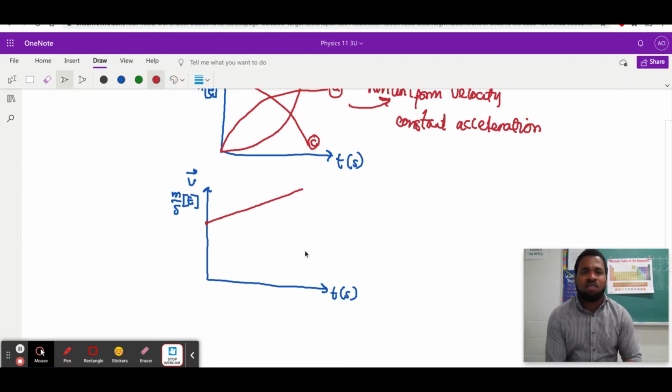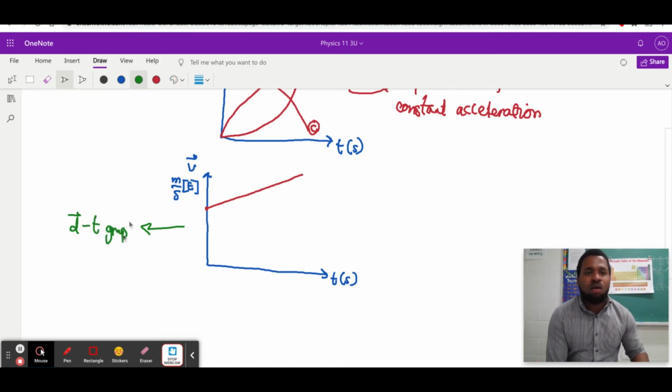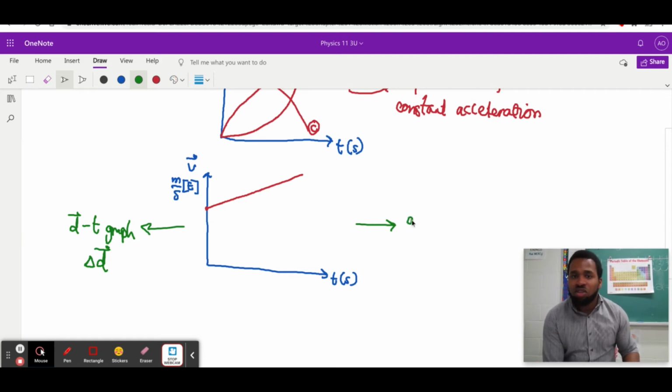And take note of this, there are a couple of things to keep in mind. One way is to go backwards to determine the position time graph of this particular system, where we need to find the total displacement of this system, or move further, which means that we need to find the acceleration time graph.